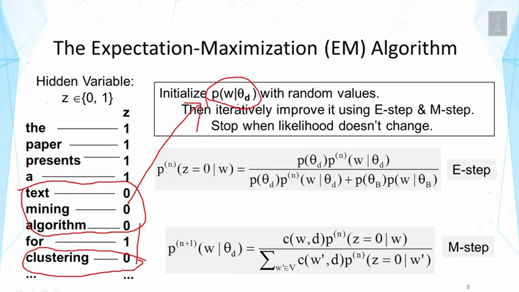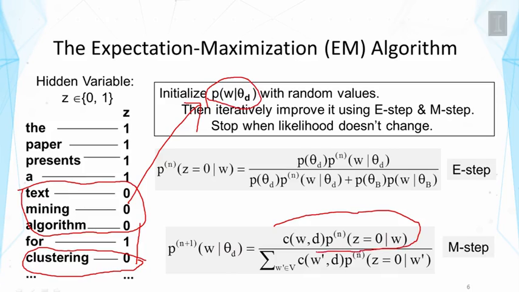Note that before we just set these parameter values randomly, but with this guess, we will have a somewhat improved estimate of this. Of course, we don't know exactly whether it's 0 or 1, so we are not going to really do the split in a hard way, but rather we're going to do a soft split, and this is what happened here. Right?